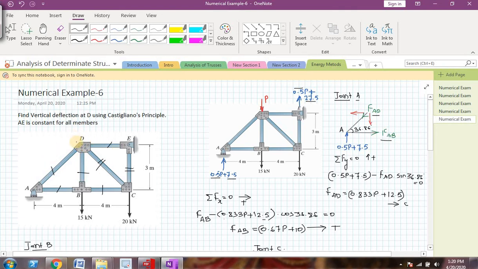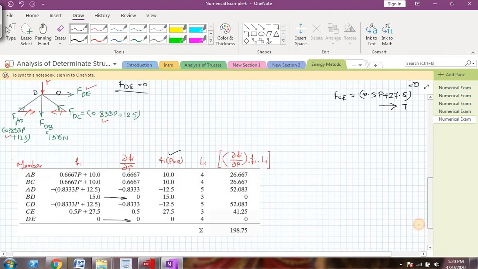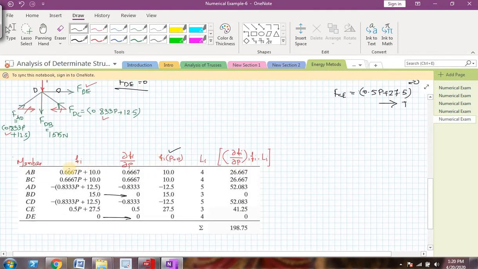In the original structure there was no point load at joint D in the direction of P which you have applied. So that's why I am putting P equal to 0. So when I put P equal to 0 in this equation, 0.667 into 0 plus 10 will be 10. Similarly all these things. The minus sign once again indicates that the member is in compression.